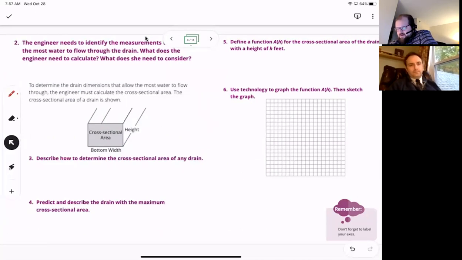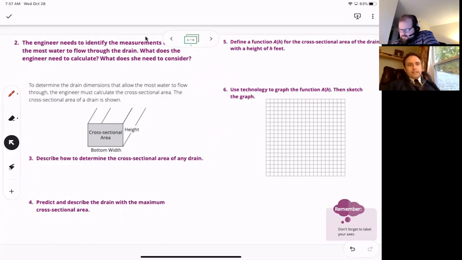And since we don't know how long this drain is, all we can think about is they have a picture here where they show a slice of the drain, and the cross-sectional area is going to be the way that we figure out how much volume of water can flow through this drain. That kind of answers question 2 in words without necessarily having any numbers to go with that.